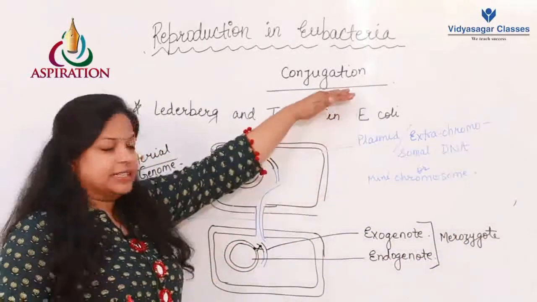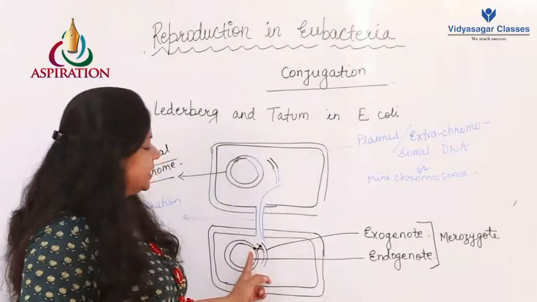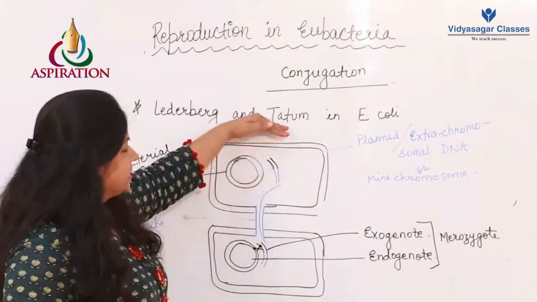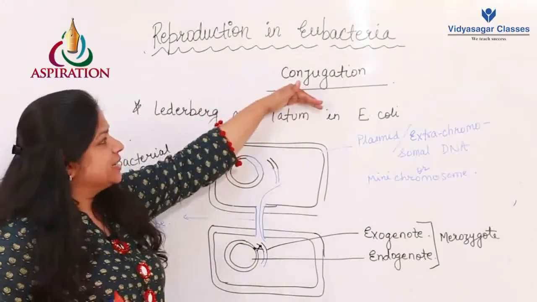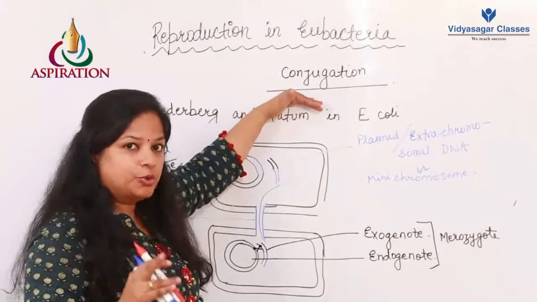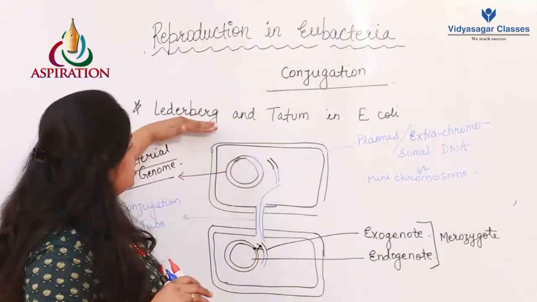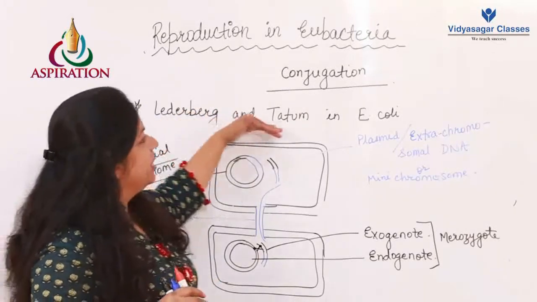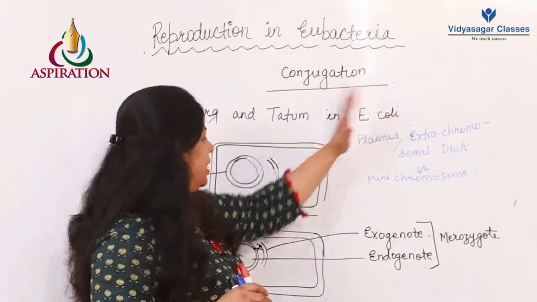This is conjugation. Now there is genetic mixing. So let's discuss it again. Conjugation is by physical contact between two bacteria. It was discovered by Lederberg and Tatum in E. coli.